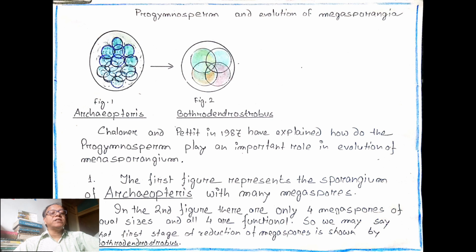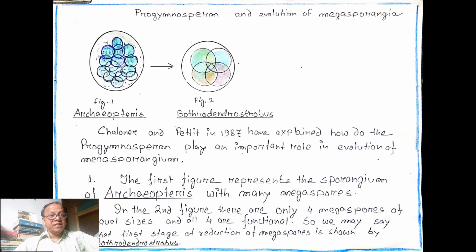Now we are moving to the second figure. Look at the figure. It is the Megasporangium of Bothrodendrostrobus. In this figure there are only 4 megaspores and these are of equal sizes, and all these 4 are functional.